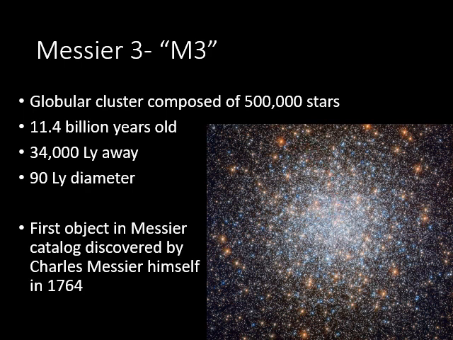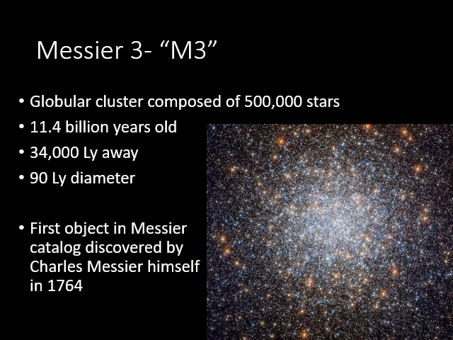That gives you a sense of their evolutionary state, their sizes, as well as their temperatures. The cluster overall is fairly old. It's 11.4 billion years old, sits about 34,000 light years away from us, and is about 90 light years in diameter. So from side to side, the whole cluster goes about 90 light years.